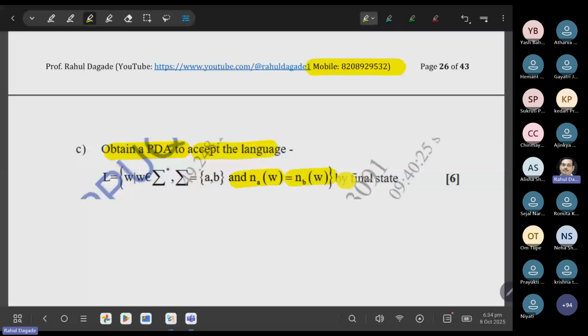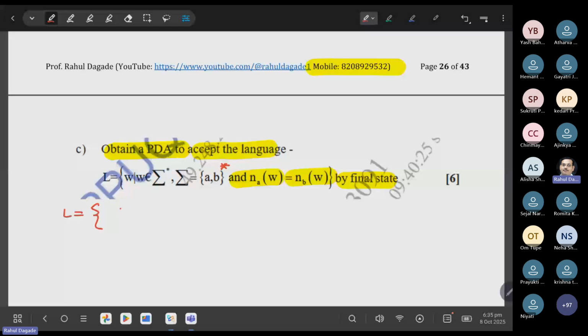And W belongs to zero or more combinations of (A+B) star. So what will be the language L? If the number of A's and number of B's are equal in the string of A's and B's, then null, in which 0 A's are there and 0 B's are there, that is nothing, is also equal number of A's and equal number of B's.